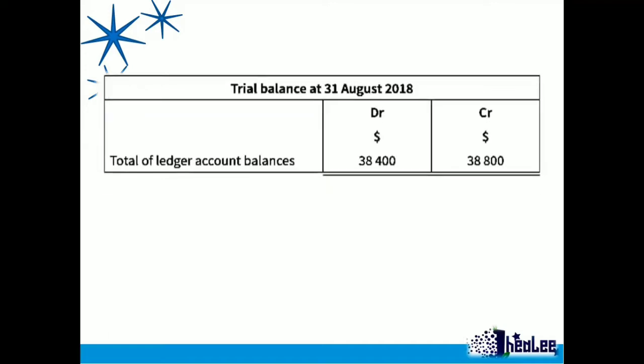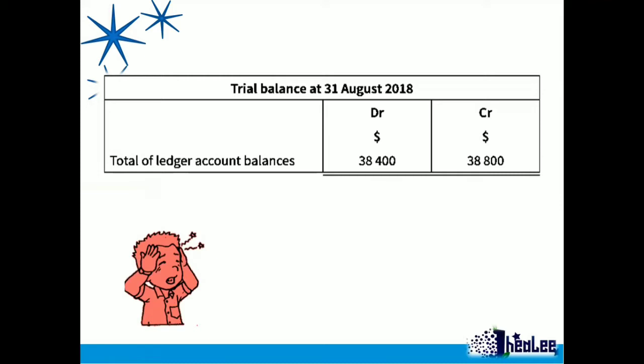Upon doing that, you notice that your debit column is 38,400 and your credit is 38,800. A lot of times, once you reach this stage, you realize that it is not balanced. What you want to do is tear your hair out, because you're wondering to yourself, where is that error?